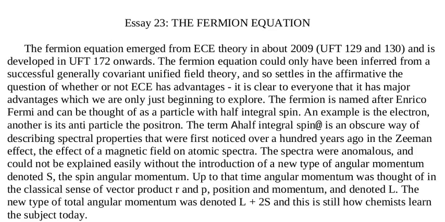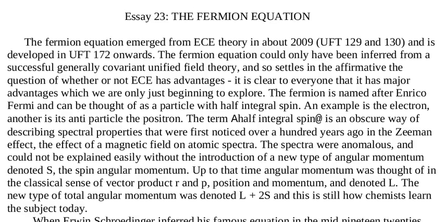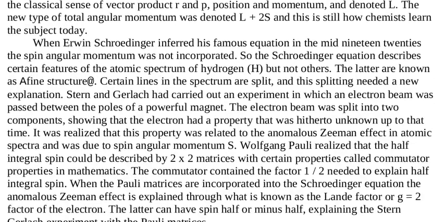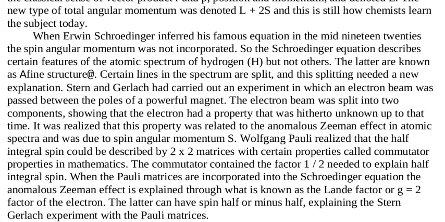Up to that time, angular momentum was thought of in the classical sense of a vector product of R and P, position and momentum, and denoted L. The new type of total angular momentum was denoted L plus S, and this is still how chemists learn the subject today.